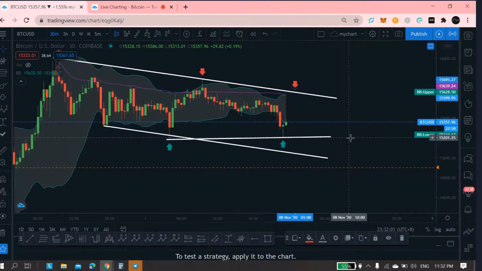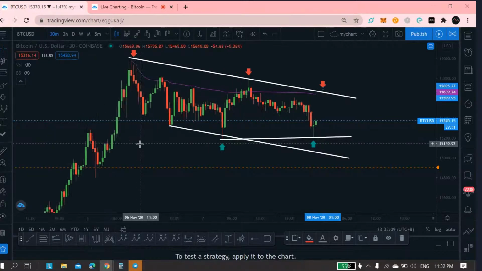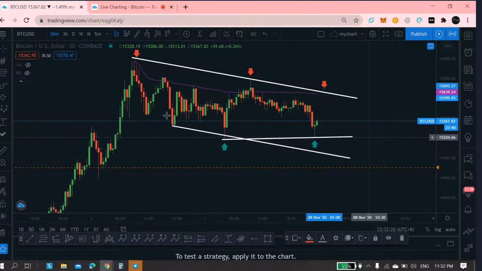So I think that's it. Yeah, I think I'll try this one next time, this VWAP in my scalping also.